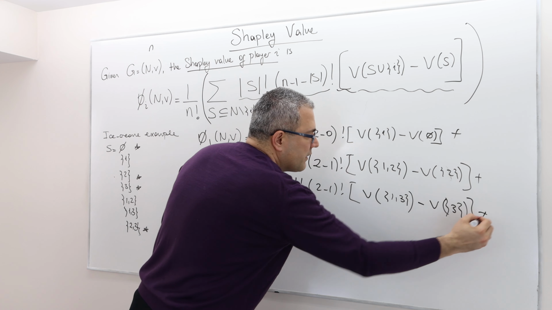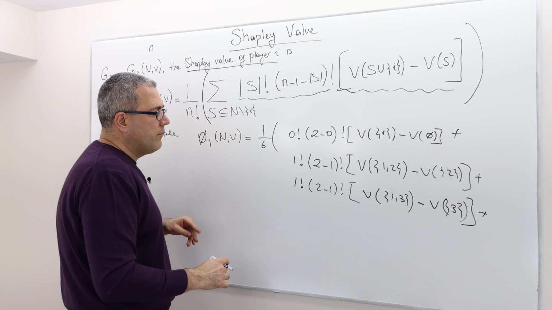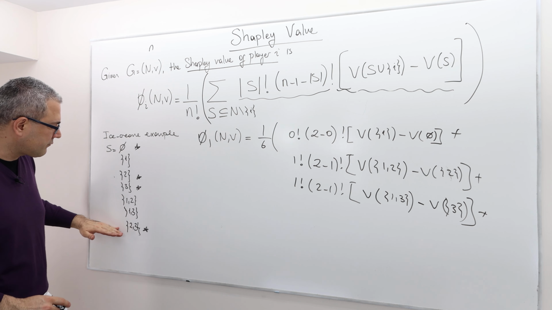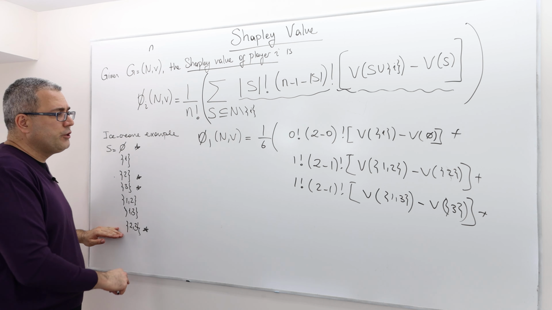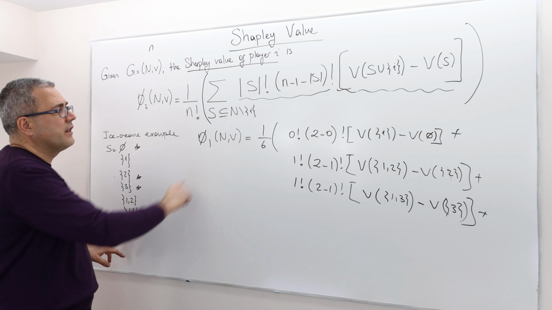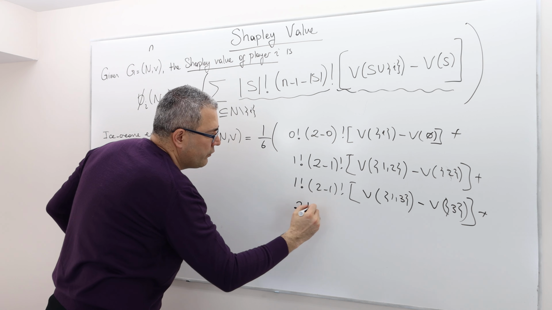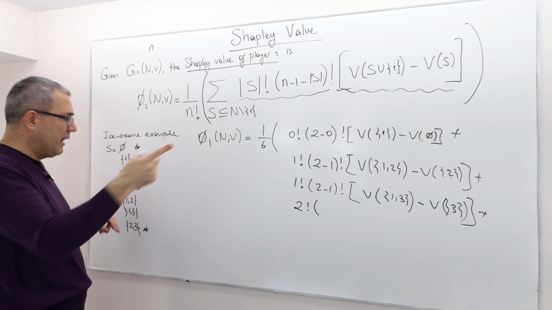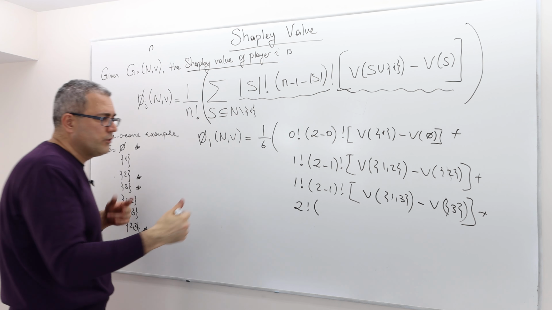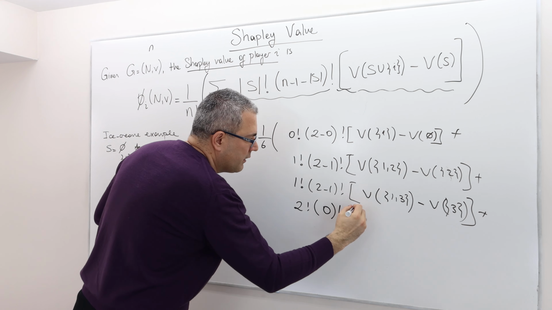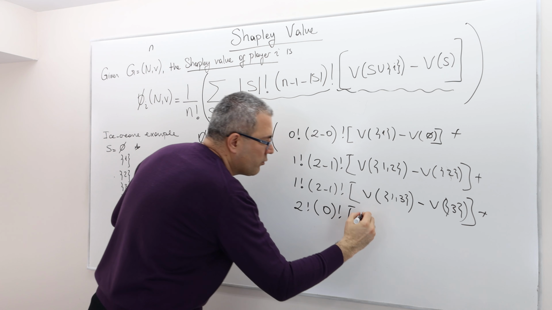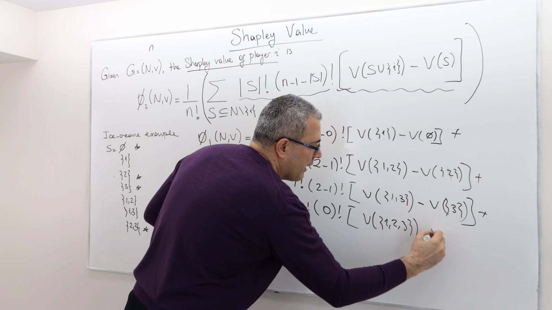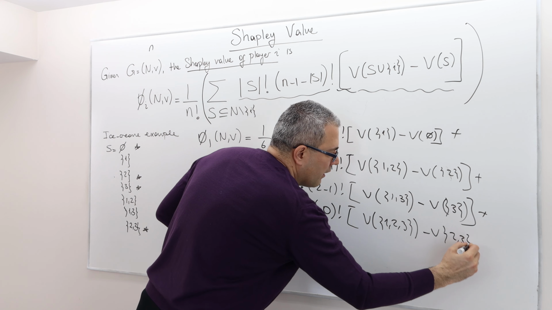I think they're all the same. But anyway, what else? Now the last coalition S, which is 2, 3. How many players are there? 2. So it's going to be 2 factorial times n minus 1, which is 2, minus the number of players in S, 2. So it's 0 factorial. And what do I have? V of 1, 2, 3 minus V of 2, 3.